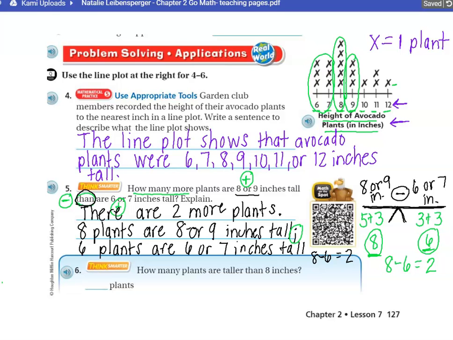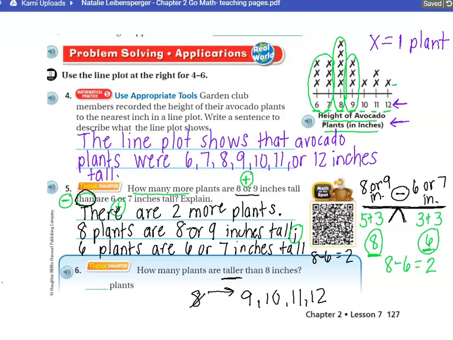Okay, so I'm thinking taller. I know that 8 inches, I'm not going to include any plants that are 8 inches, but I know taller than 8 inches we have 9. And if I look at my line plot, 9, 10, 11, and 12 inches are the ones that I'm going to count, because I want to figure out the plants that are taller than 8.